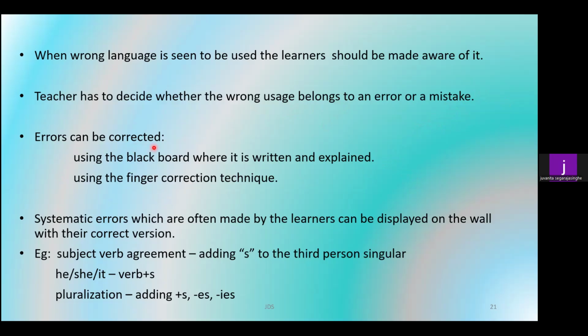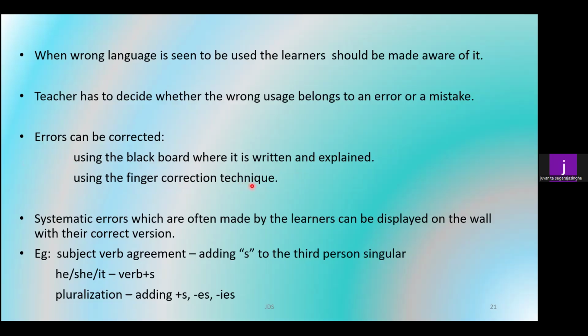Errors can be corrected using the blackboard, where it is written and explained, right? Mostly with children, even with adults, making them aware of the rule and explaining the structure will help them to overcome the errors. Or else use the finger correction technique, right?